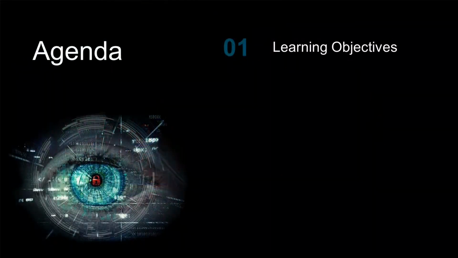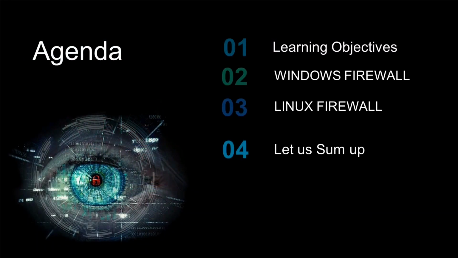So friends, as we know, in the previous session we discussed the Windows firewall. Let's quickly recall what a firewall is. A firewall is a kind of security mechanism provided by the operating system or some third party application.